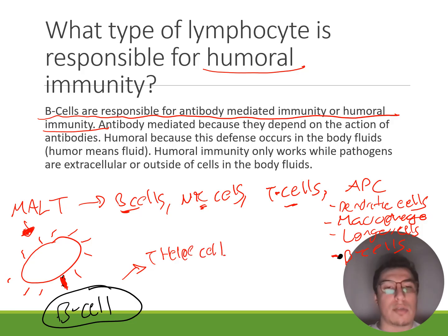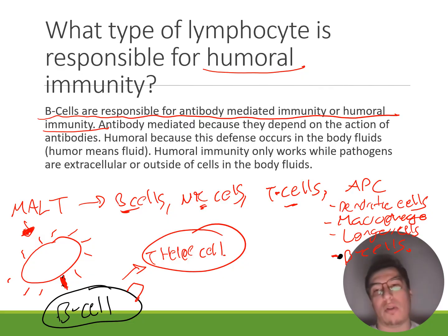And let me draw the T helper cell. It will show that this antibody is now in circulation. If the B cell encounters a pathogen with a known antigen that it knew before, that the B cell knew how to attack, it is going to go on to show that antigen through an MHC2 receptor, so that these two match to activate the helper T cell.